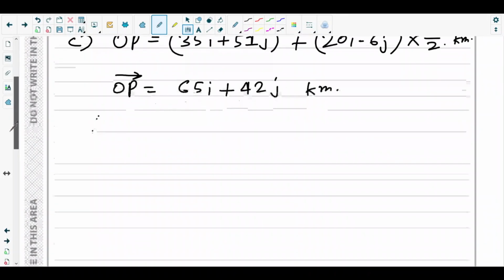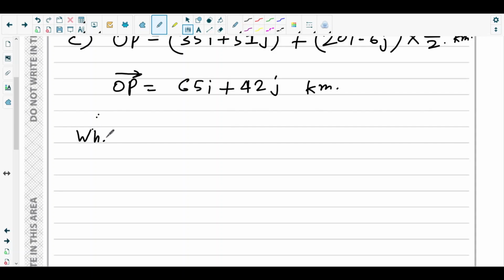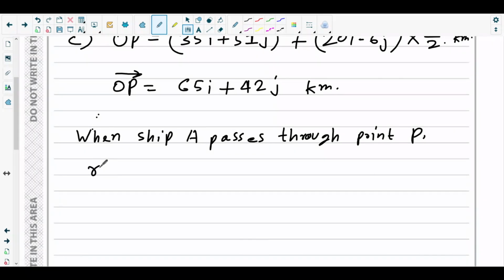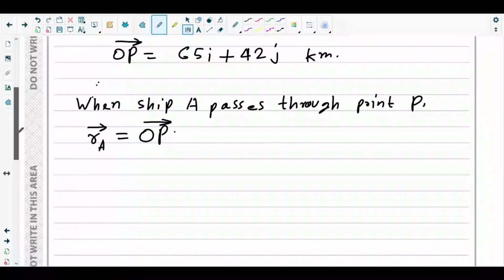When ship A passes through point P, the position vector of A will be equal to the position vector of point P.